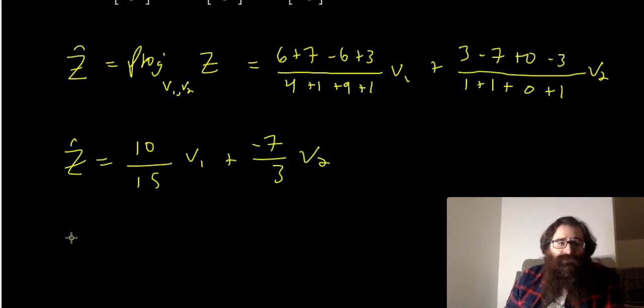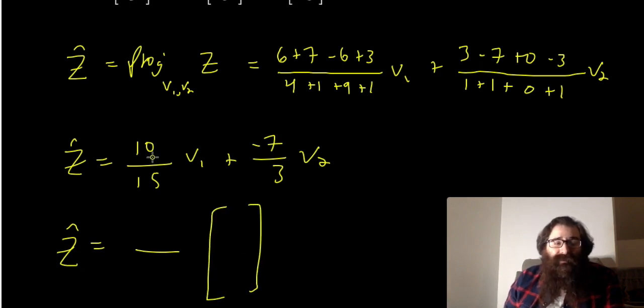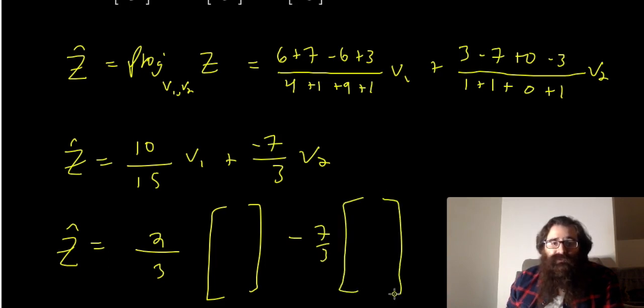Now let me clean up my coefficients a bit. So z hat is equal to some coefficient times vector v sub 1. And here 10 over 15, I can reduce the top and the bottom by 5. It's going to give me 2/3 vector v sub 1. And then minus 7/3, which doesn't reduce, times vector v sub 2.